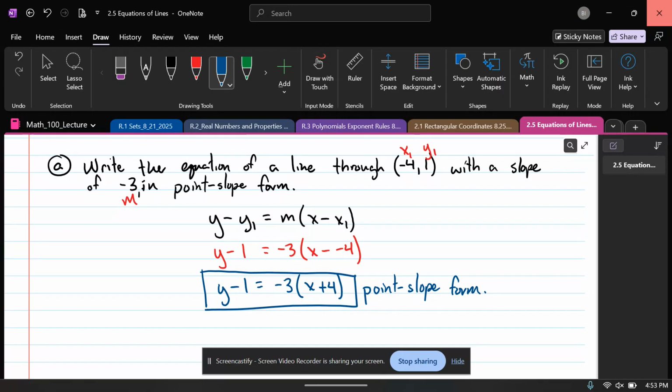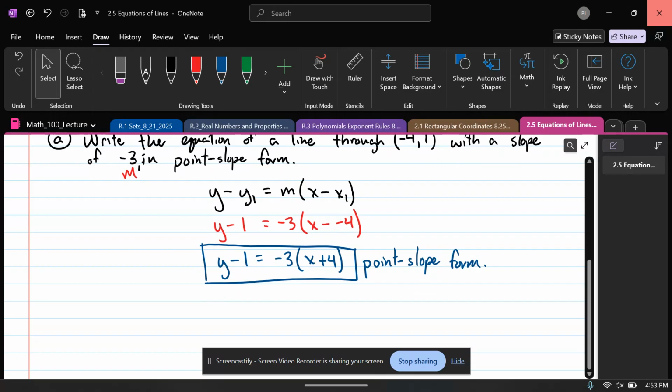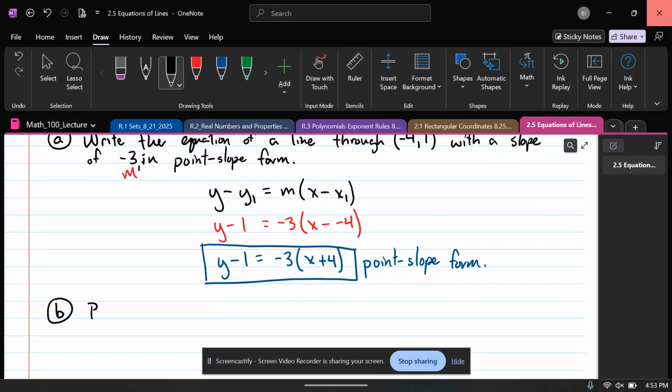Okay. So let's do another problem that's point-slope form. Write point-slope form for a line through (-3, 2) and (2, -4).